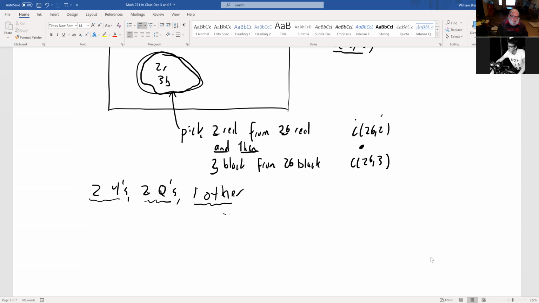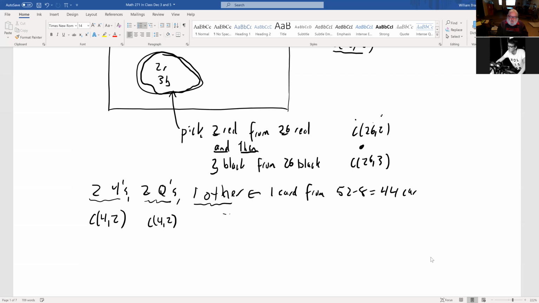How many ways are there to pick 2 4s, where there's 4 4s all told, and you want to pick 2 of them? How many ways are there to pick 2 queens out of 4 queens? C(4,2). How many cards are left? So I need to pick 1 card from 52 minus 8, which is 44 cards.